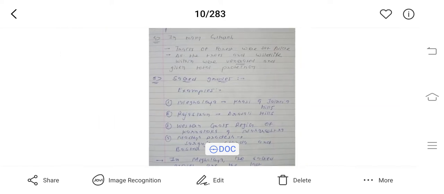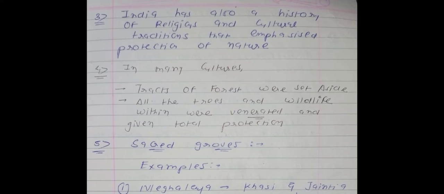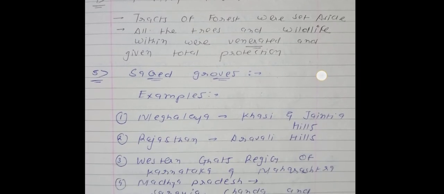Now we will revise this page. Third point: India has a history of religious and cultural traditions to protect nature. In many cultures we take a part of the forest and protect the trees and wildlife.